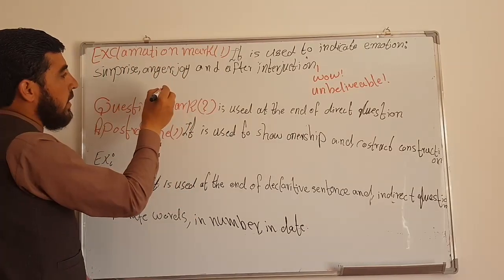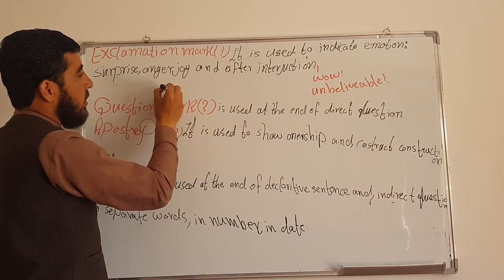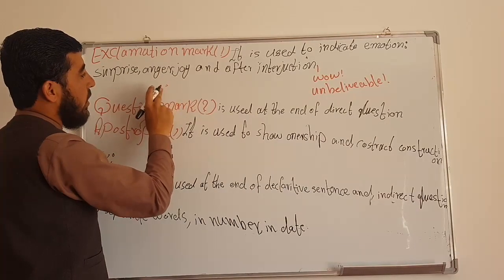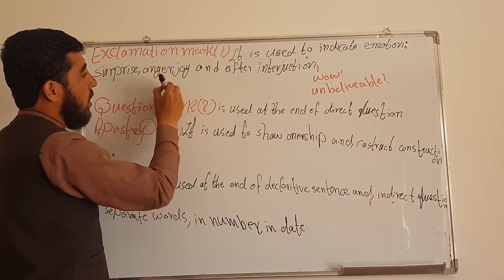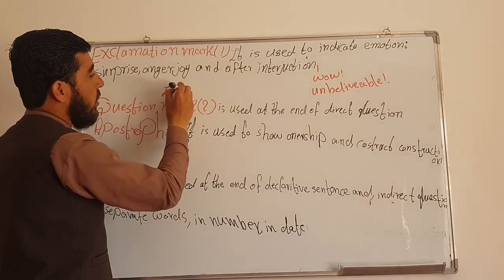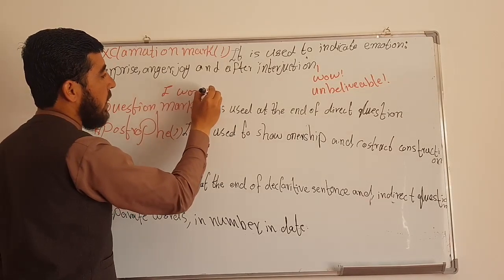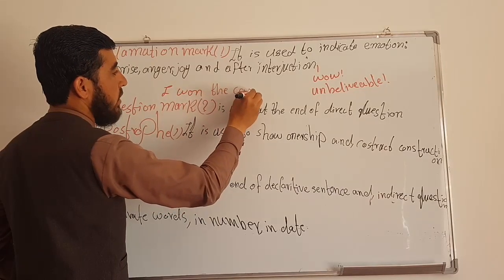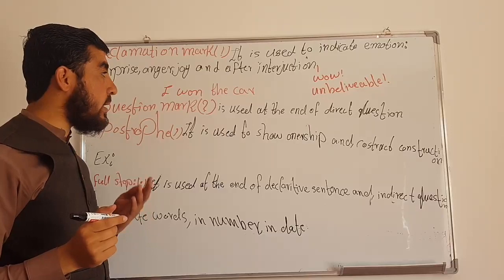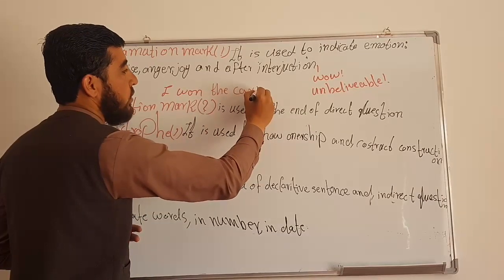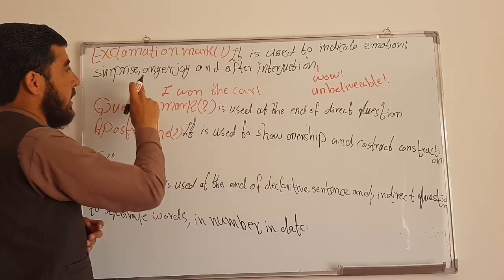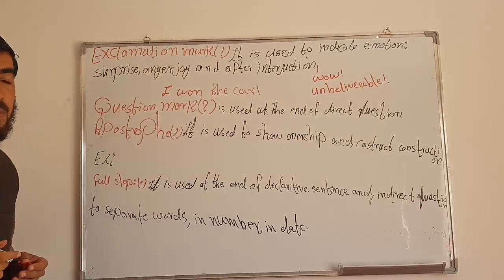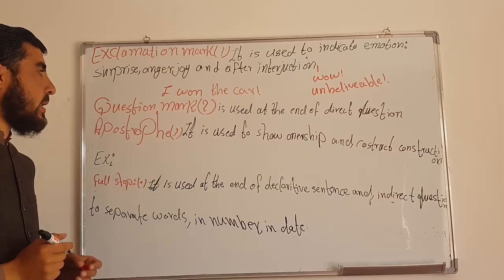For example, whenever someone is happy, for example if someone says I own the car, so he's happy, it's his emotion, and after that we should use an exclamation mark. And the same whenever we use it for anger or surprise, then we can use an exclamation mark here, right?